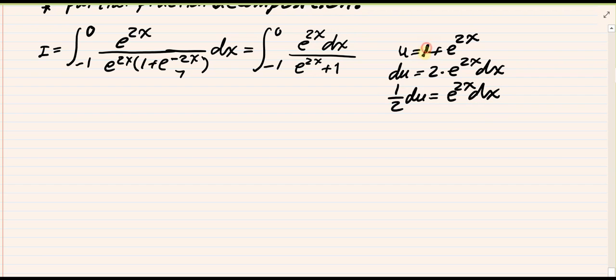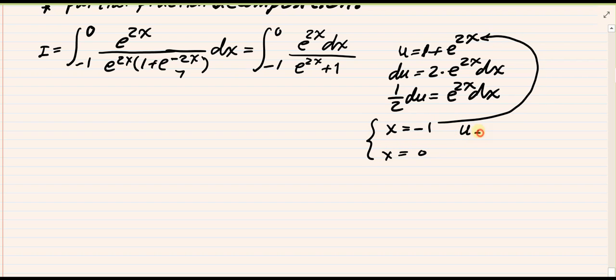As far as the limits of integration go now, when x is negative 1 and when x is 0, we are plugging into our u substitution. So when x is negative 1, u is going to be 1 plus e to negative 2, and when x is 0, u is going to be 1 plus e to 0.